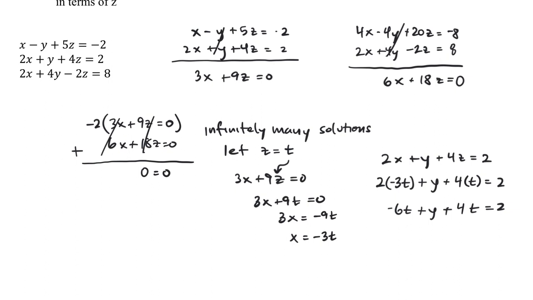And we can combine these two like terms to negative 2t. And then to get y by itself, we add the 2t to the other side.